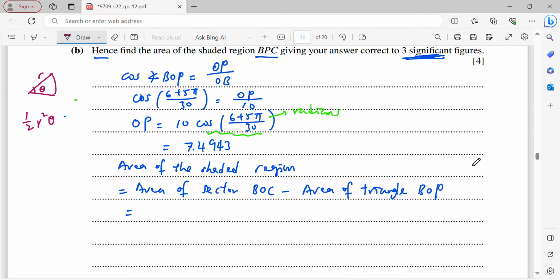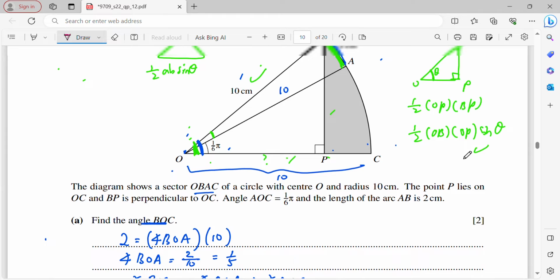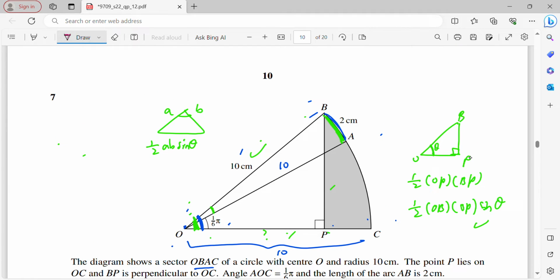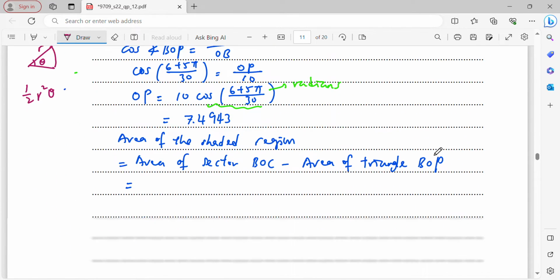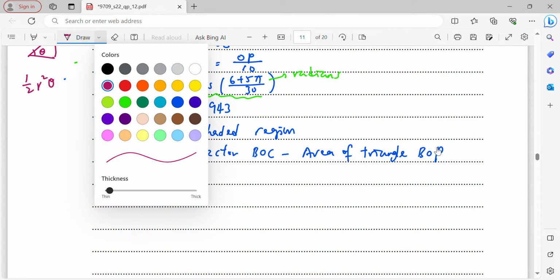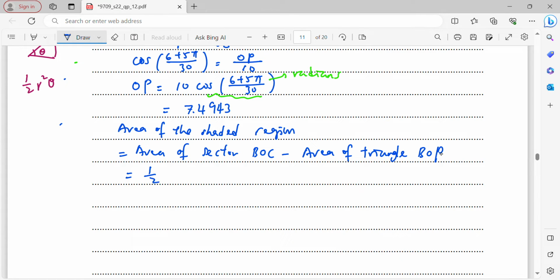Alright, so from here, area of sector BOC, I have to use this whole angle together with the 10. Alright, so means that it will be half, r is 10, so 10 squared. The theta is 6 plus 5 pi over 30.